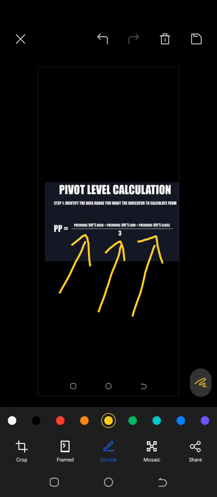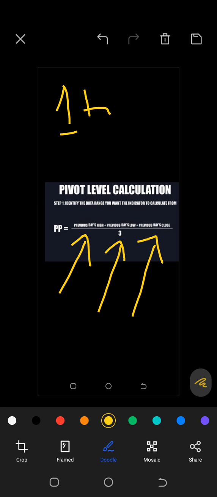So the previous day's high. There are 3 things to note here. High, when I say high, is the highest price during the previous trading session. So if you are trading with the 1 hour time frame, then you have to go to your previous 1 hour candlestick that's just closed, and then you put your crosshair on it, and it's going to display that 1 hour's high, 1 hour's low, and the 1 hour's close price.